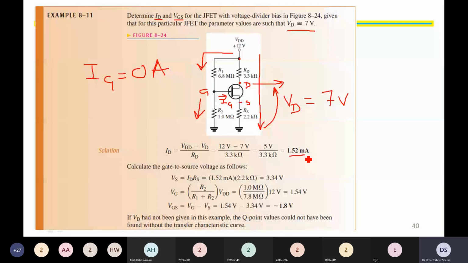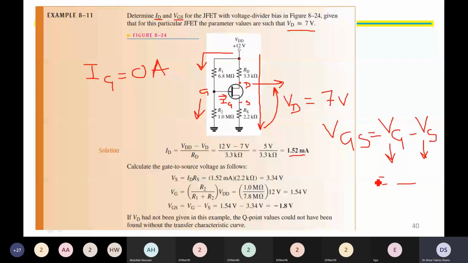Now we have to find the voltage VGS. By definition, VGS is equal to the voltage of the gate minus the voltage of the source. First we can find VG, then VS, and then take the subtraction to find VGS.